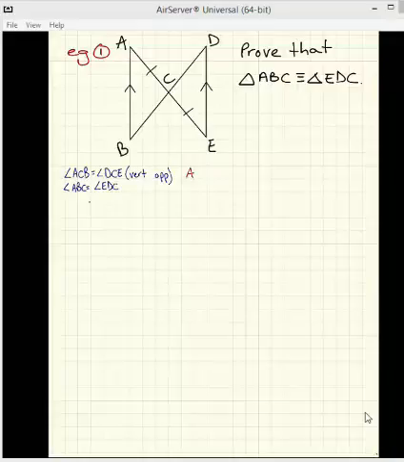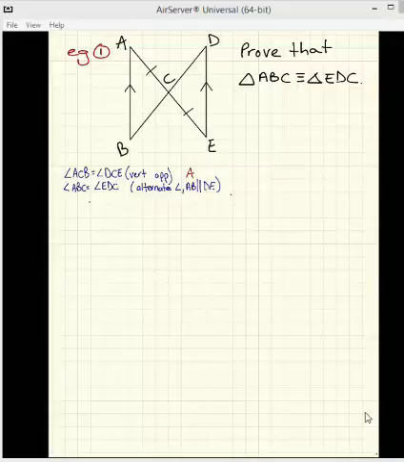Now the reason for this one is because they are alternate angles, and it's not just enough to say that they're alternate angles, because alternate angles aren't equal unless the lines are parallel. So you also have to say that AB is parallel to DE.